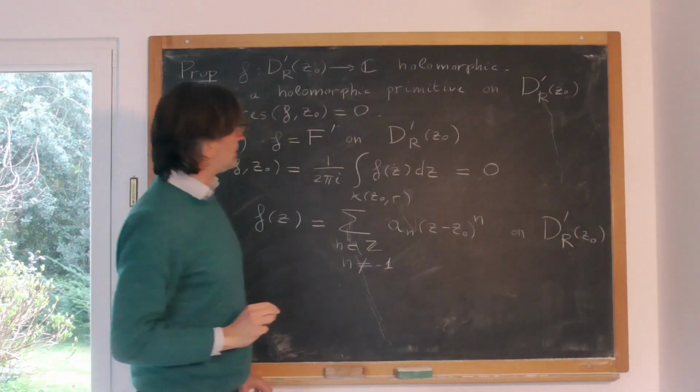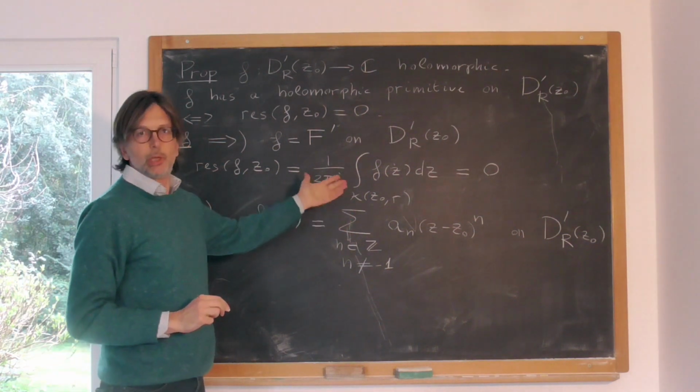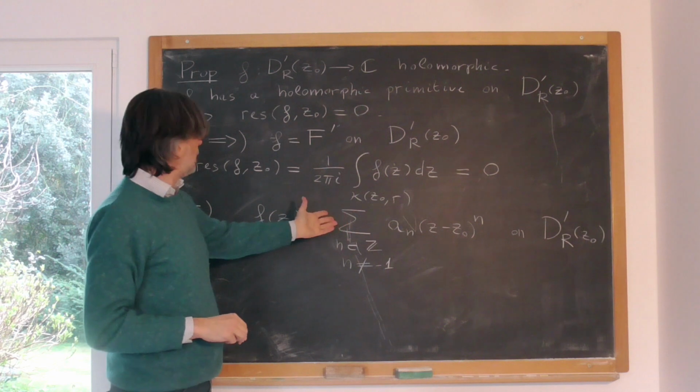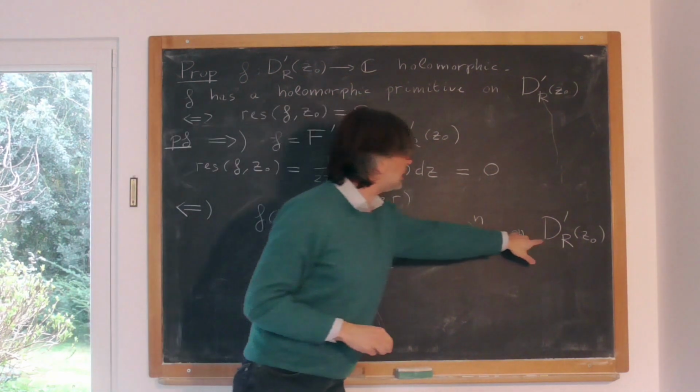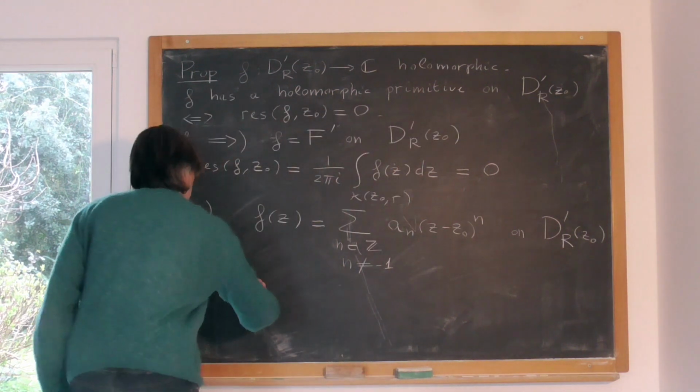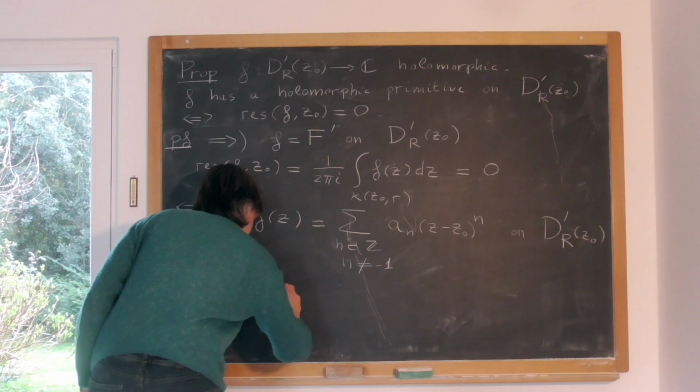centered at z naught. And now, using this expression, we can explicitly write down a primitive for small f on the same punctured disk. The primitive, we just integrate term by term.